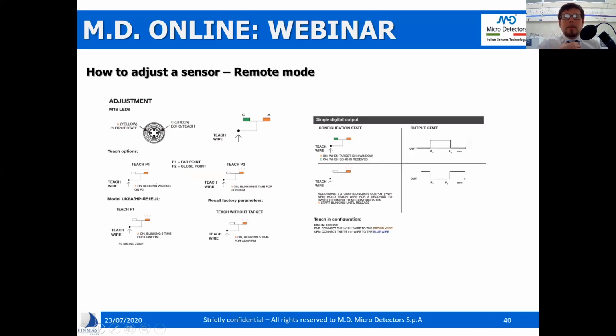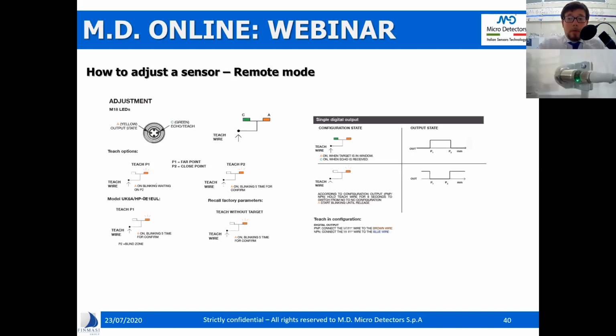In particular, with a UK6 model, we have the teaching button, but we are using the cable. We use the white wire of the cable, and we just touch for a second the positive pole with the white wire, in order to set your point.